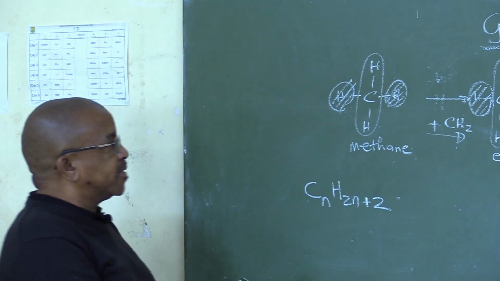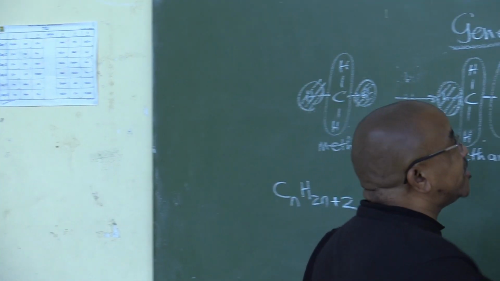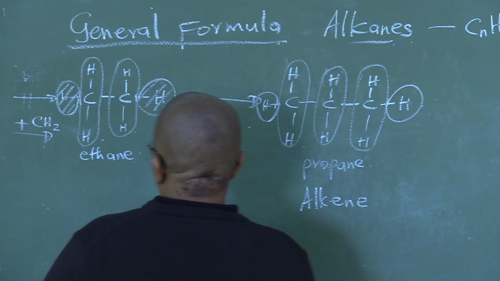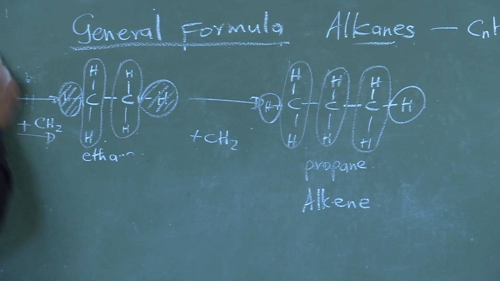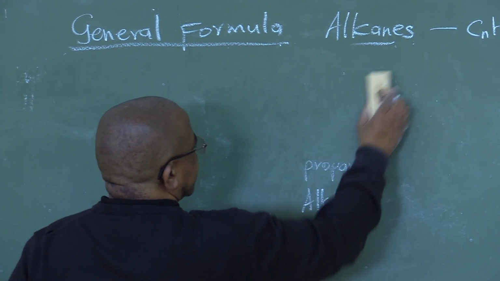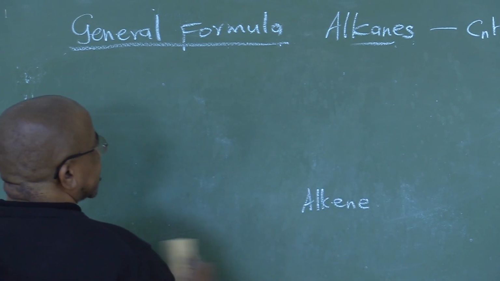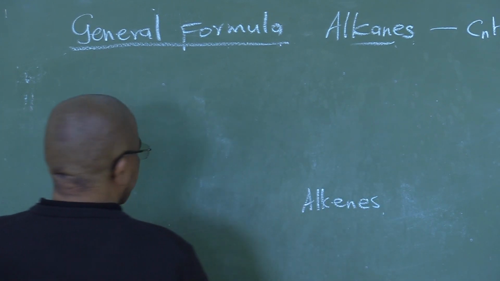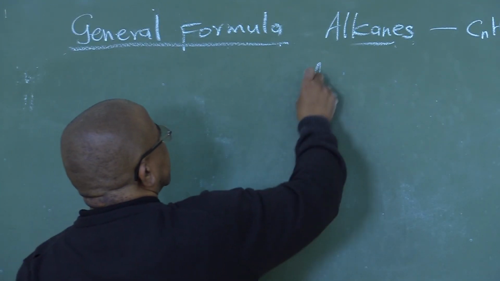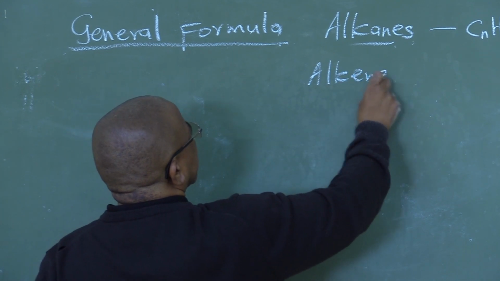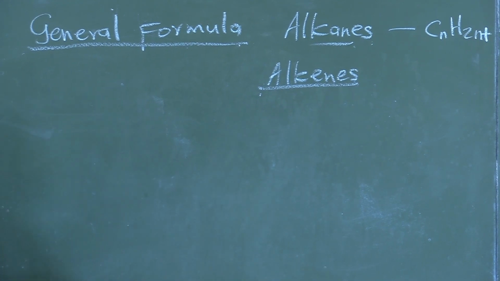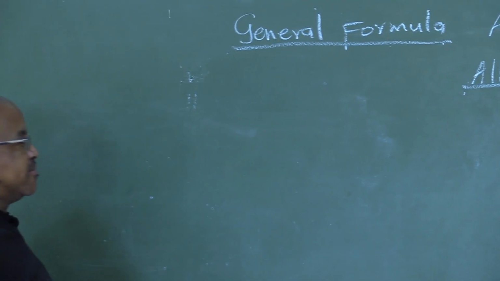Now coming to the general formula of alkenes. Alkenes. Let's start from ethene.